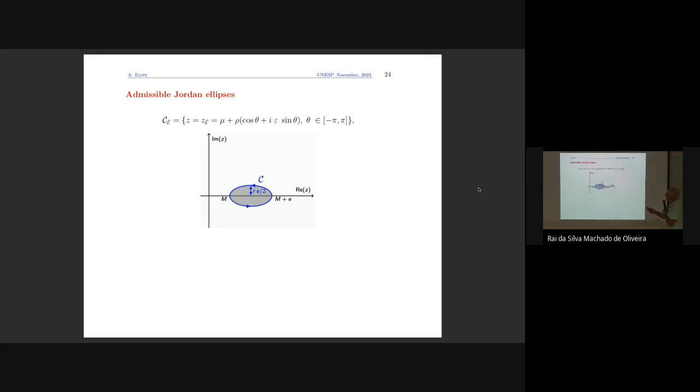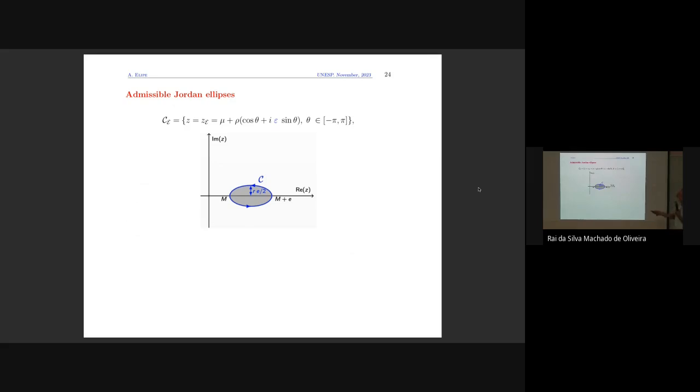And we take the same as if it were a circle, but we introduce here a quantity epsilon that will be the semi-minor axis of the ellipse. So just by introducing a number here, between 0 and 1, we reduce the length.